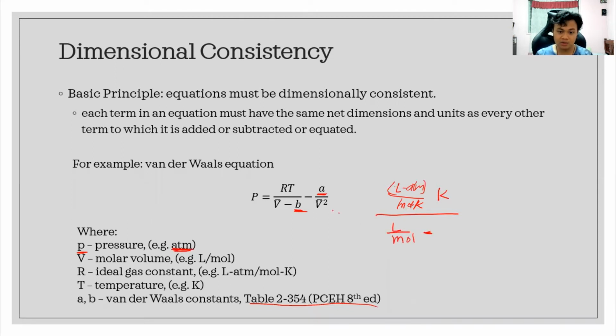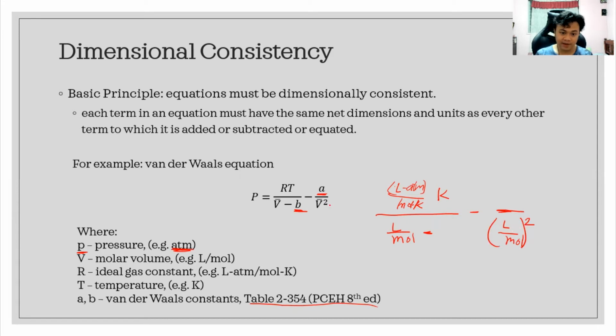We don't know the unit of b yet, and we are also told to find the unit of a here. And we have V squared here, so that means liters per mole, squared.